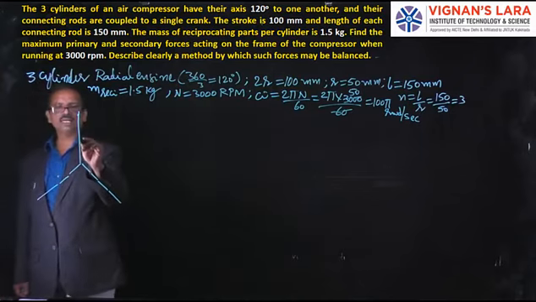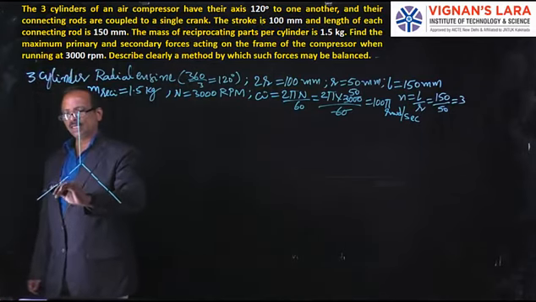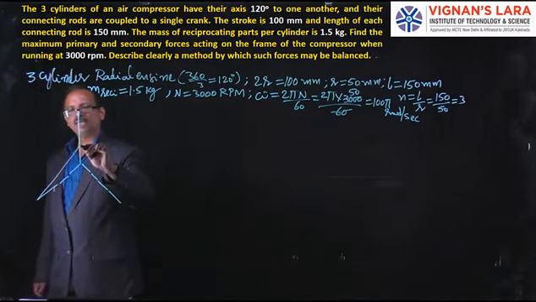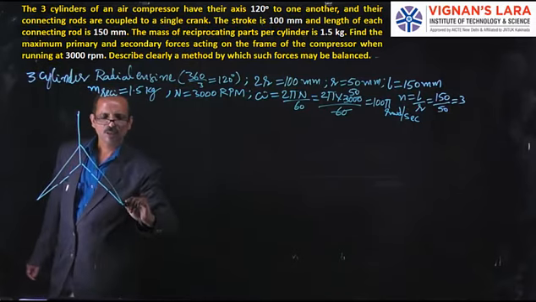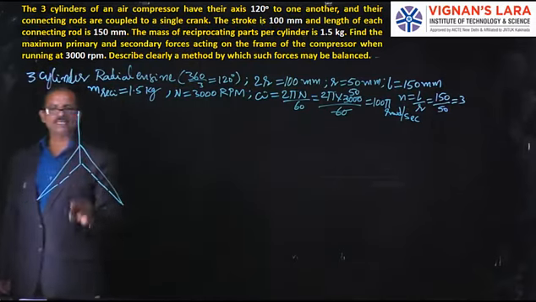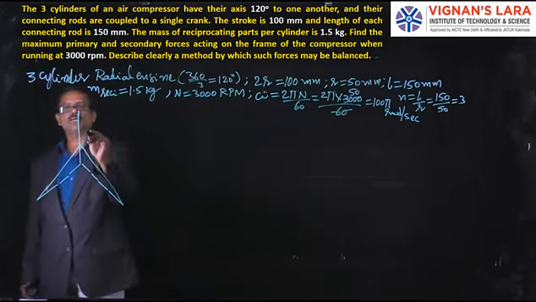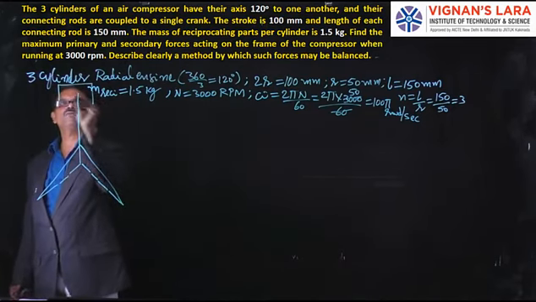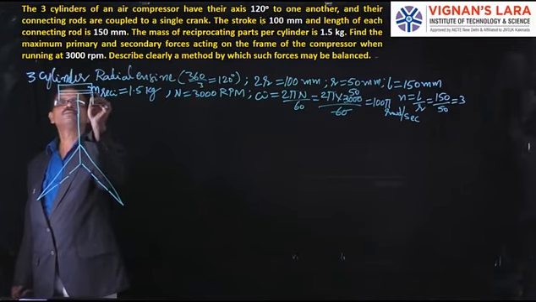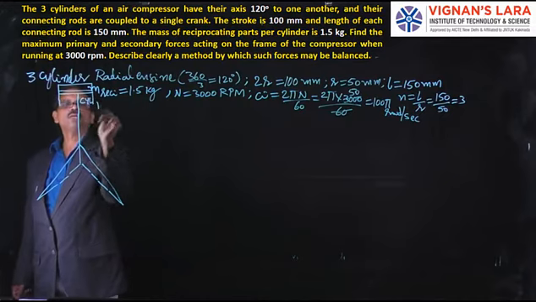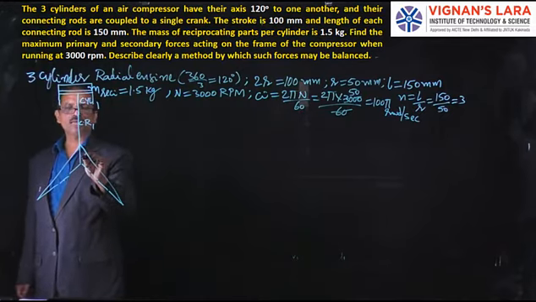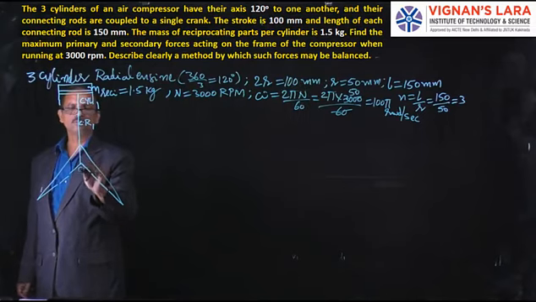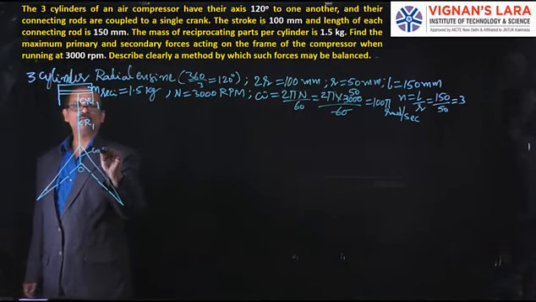Then there will be connecting rod 1, connecting rod 2 and connecting rod 3. Let me call this cylinder 1, with connecting rod 1, and initially this is the crank, a common crank.